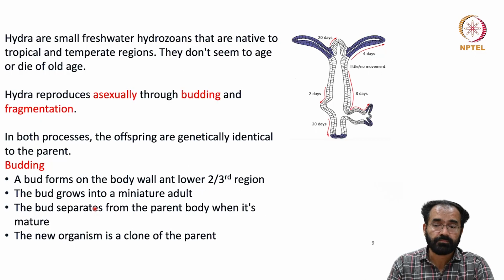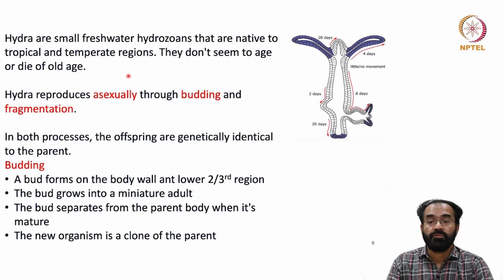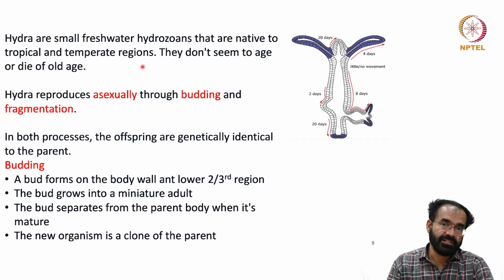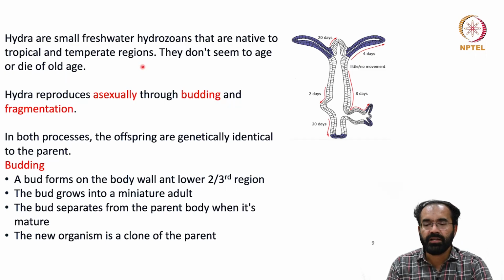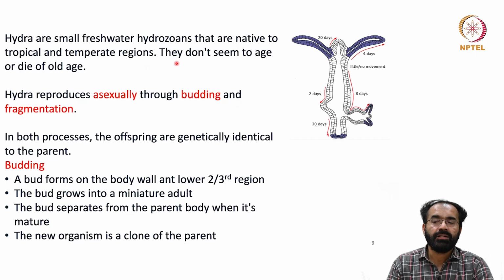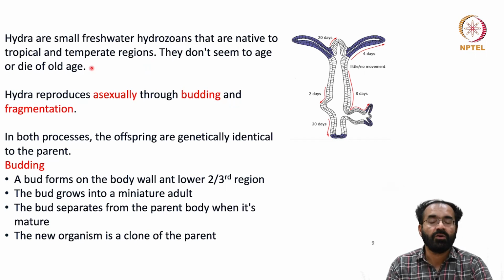So Hydra is a small freshwater hydrozoan, which we have already seen, that is native to tropical and temperate regions. It normally occurs in freshwaters and they don't seem to age or die of old age.